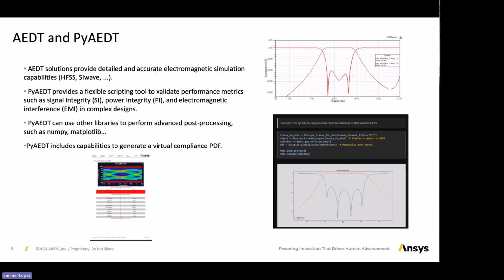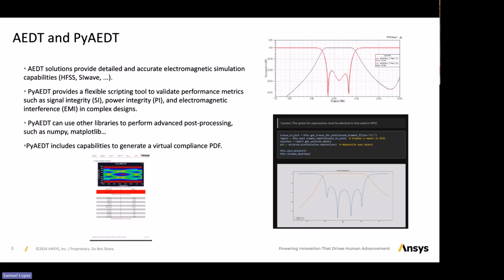And then PyAEDT provides the flexible scripting tool to validate the different metrics like signal integrity metrics, power integrity, interference, so different kinds of things that the standard could require. Why is PyAEDT needed here?